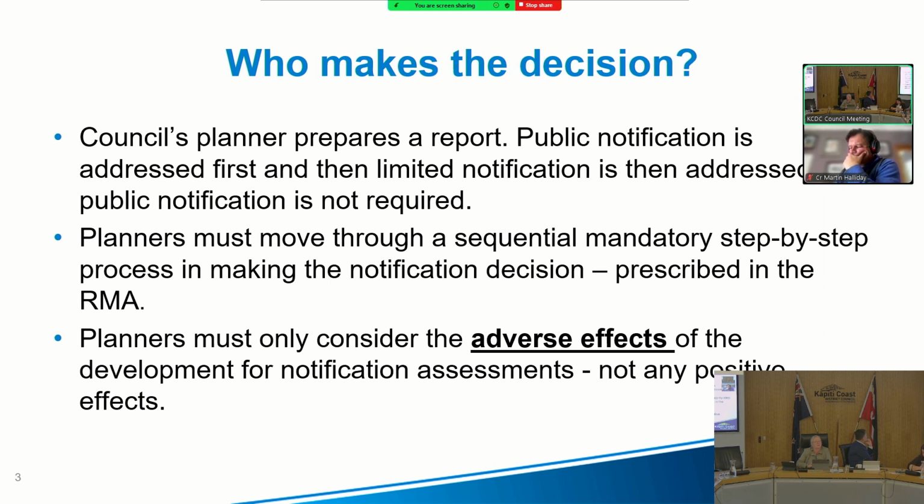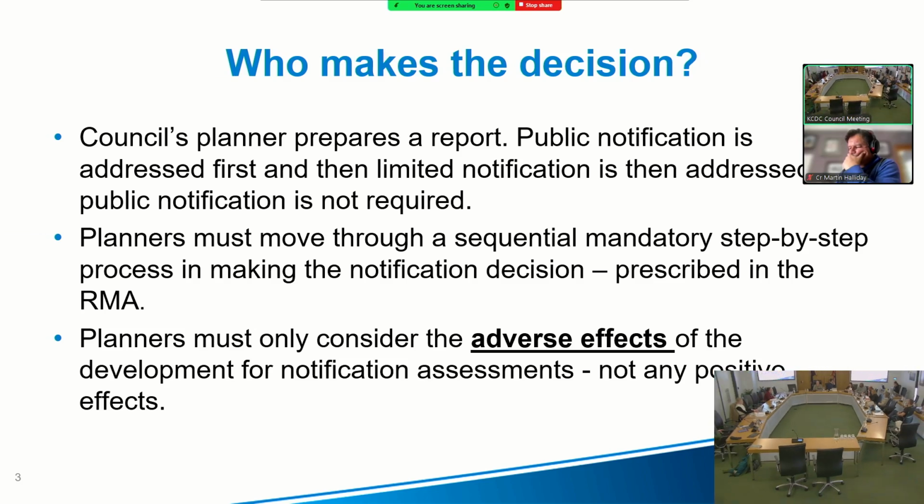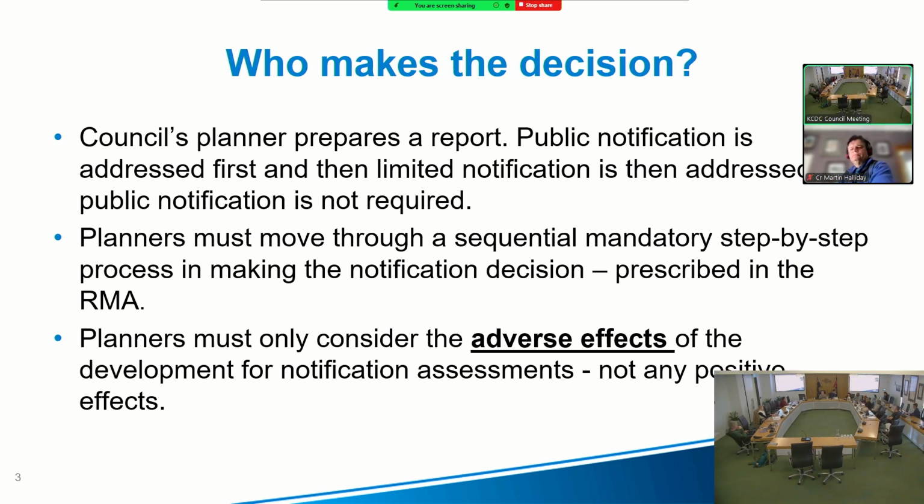The main criteria essentially comes down to what are the adverse effects. So in order for an application to be notified, it needs to be more than minor. And what that means is that the effect of the consent, should it be granted, would have more adverse effects on the people that are surrounding it. So it could be a public effect, or it could be neighbors to the application that would be affected by it.